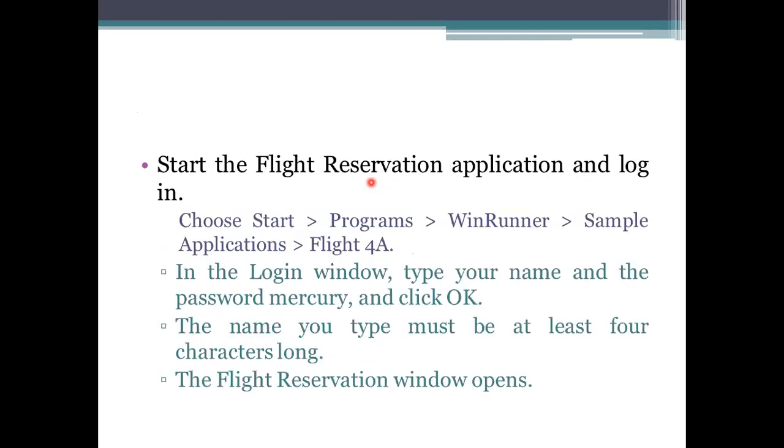Whenever we get the test file, if you remember yesterday's class, we have seen the test window there, and we need to open the application which is used for testing. Here the application used for testing is flight reservation only. So go to the sample applications in WinRunner and open the flight4a.exe file.